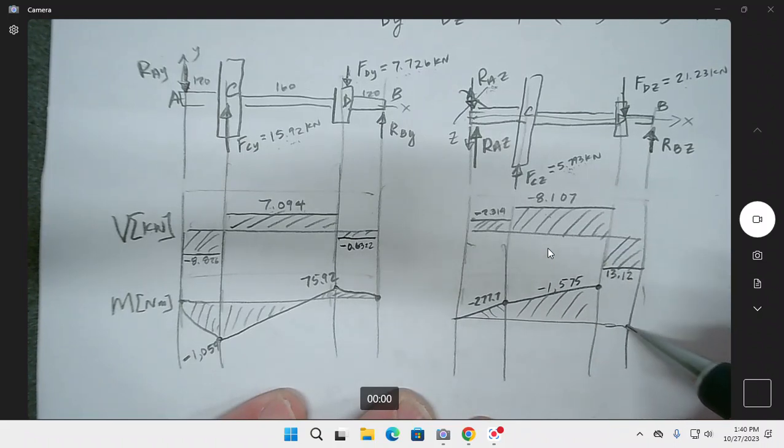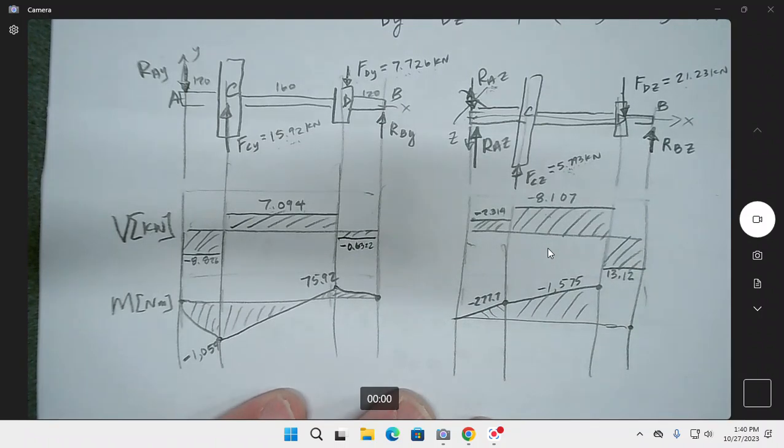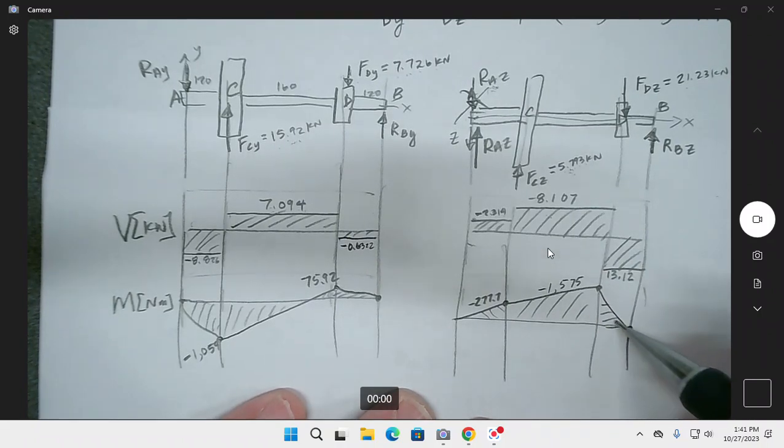And then this needs to come back to 0. So we can also check it by taking that 13.12 and multiplying it by 120. Boom. And sure enough, if we add that to this negative value, it will come back to 0.